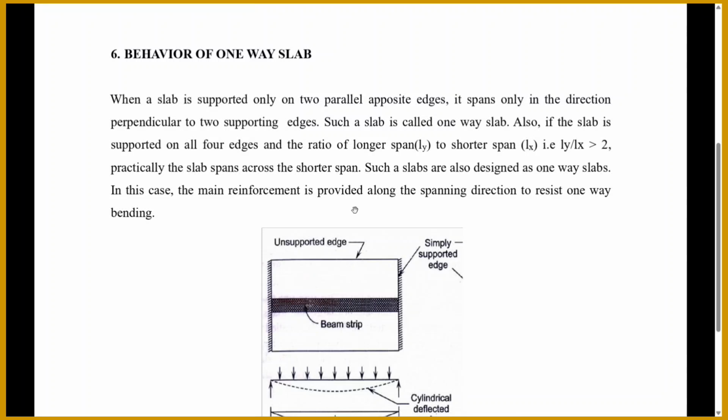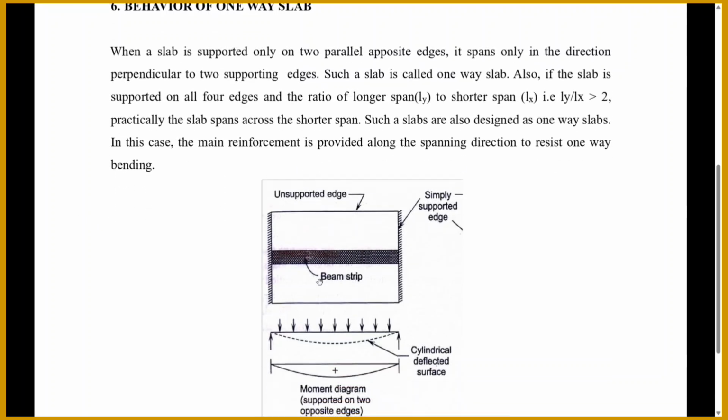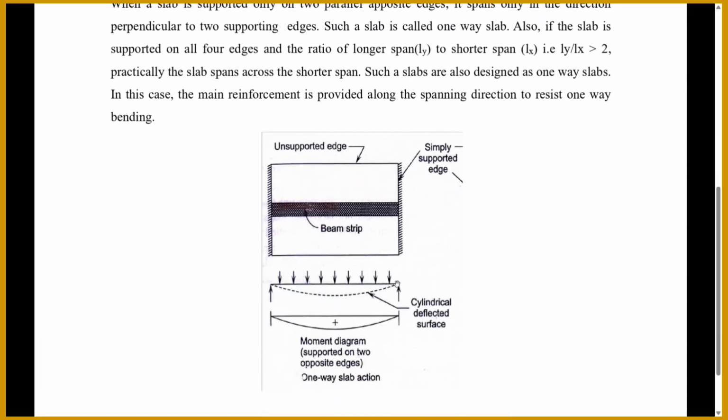In this case, the main reinforcement is provided along the spanning direction to resist one-way bending. As you can see, the bending direction is this. So the direction of the main bar is the shorter span. We will provide the main bar in this direction, and in the longer direction we will provide a distribution bar.